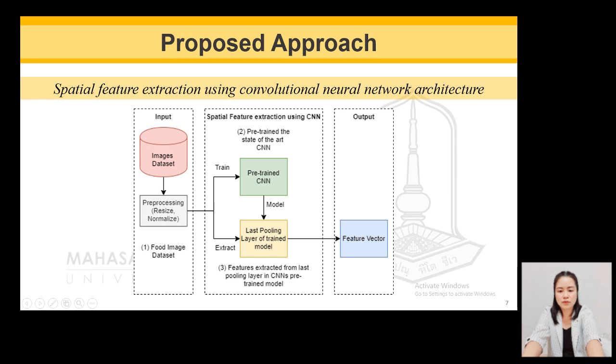According to the computation power and time, the transfer learning approach is applied in the training scheme. Then the pre-trained models of CNN architecture are trained on the food images, and then we discover the best robust spatial features. As a result, the last pooling layer of the CNN model is employed as a spatial feature.